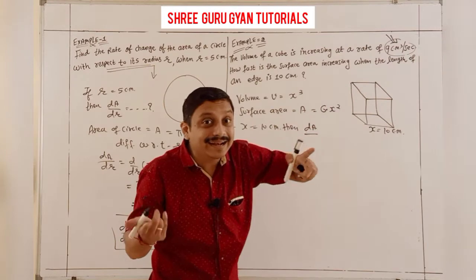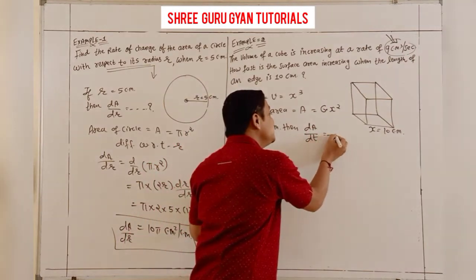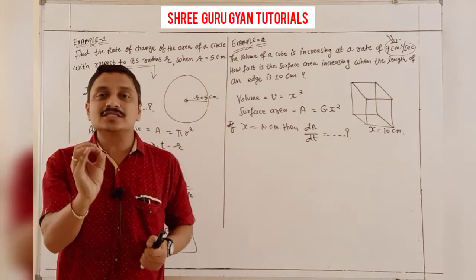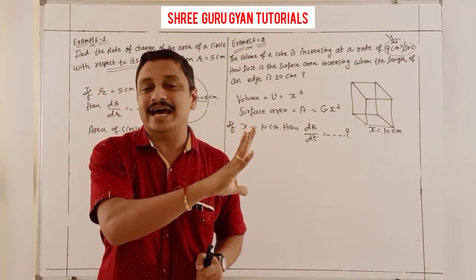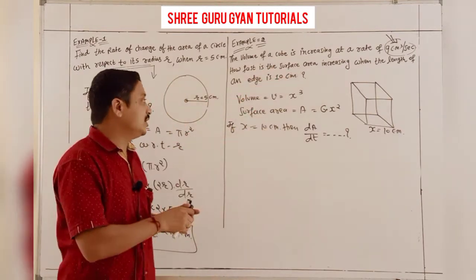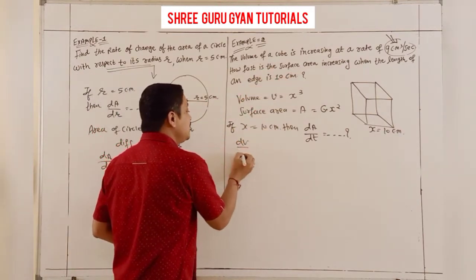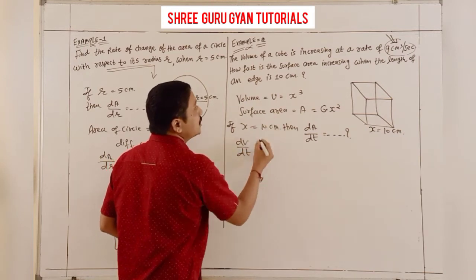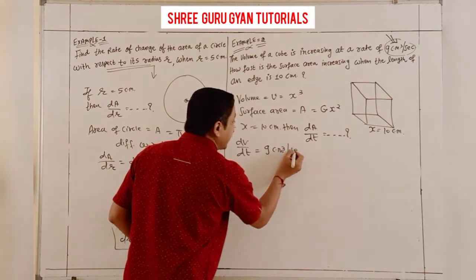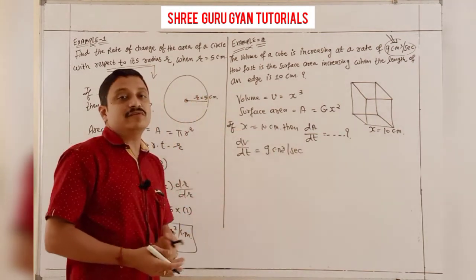Time means second, here given as dt. Sometimes minutes are also given, so don't worry about it. You just apply the derivative with respect to t, and it goes easily. Given here, volume increasing means dV by dt is given. How much? 9 centimeter cube per second. And this is your given data.